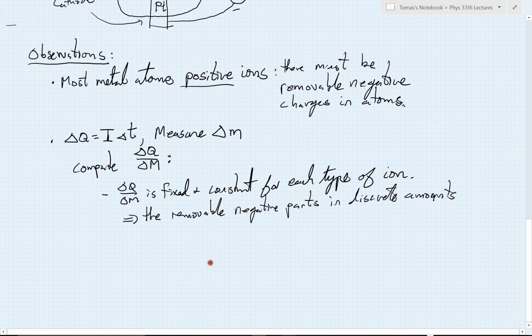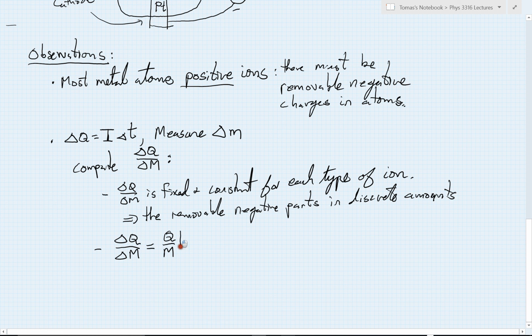The other interesting thing is the magnitude of this charge to mass ratio. We're going to do something with this later on, right? But since everything seems fixed, this total delta Q over total delta M should match the charge to mass ratio on each individual ion that's coming down.